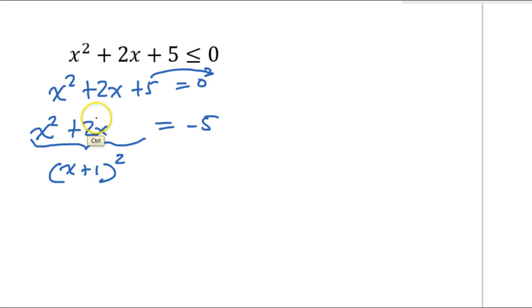Half of the 2. That's where the 1 comes from. If I take that 1 and square it, what do I get? 1 still. That tells me what goes here, plus 1. I've got to put it on both sides of the equation to keep the equation balanced. So that gives me equals negative 4.